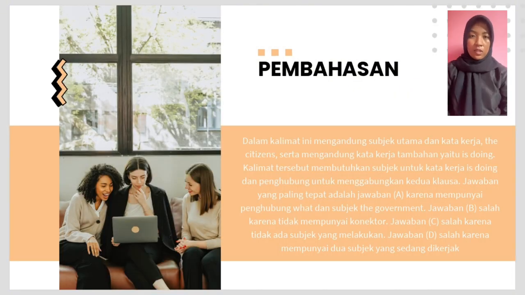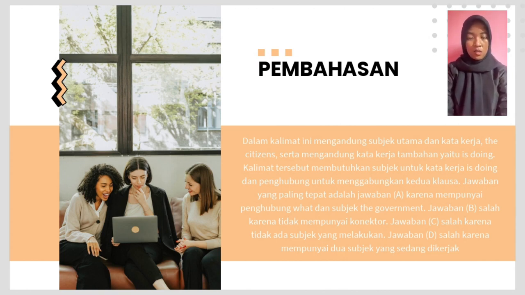In this question, these are the main subject and verb: the citizens as the subject and worry as the verb. In the sentence there is also an additional verb, namely is doing. The sentence needs a subject for the verb is doing and needs a connector to combine the 2 clauses.